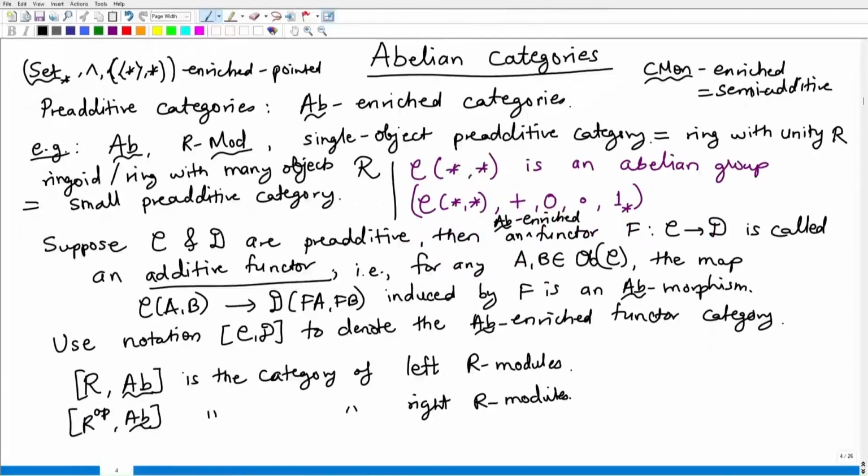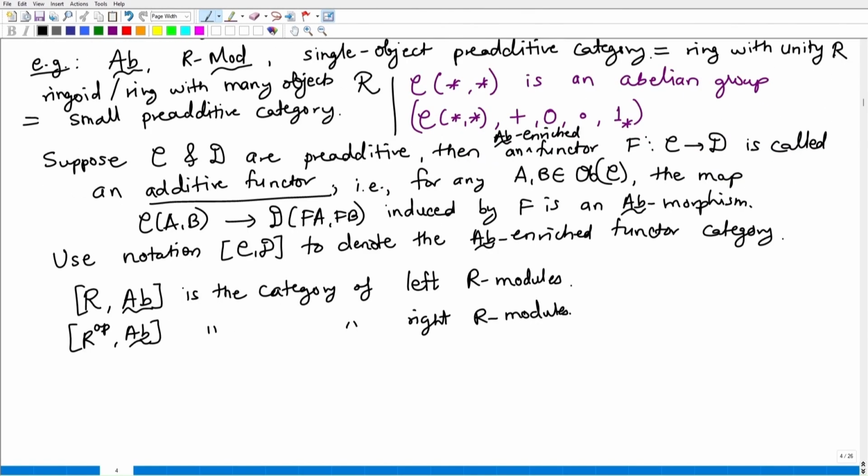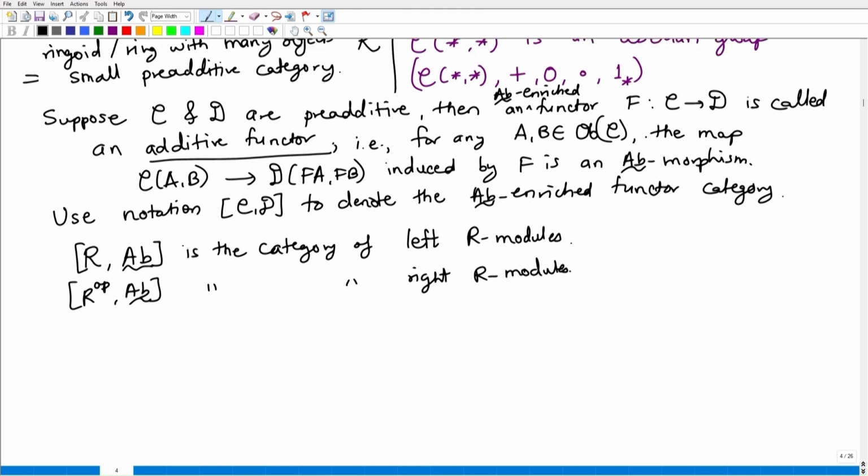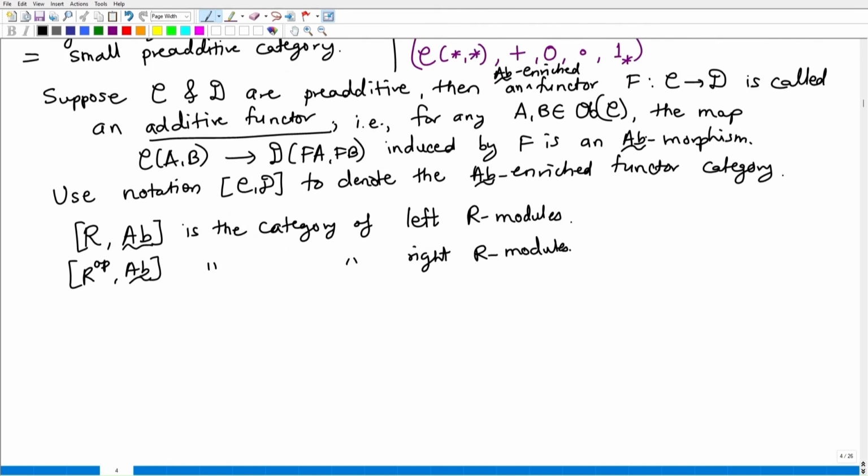The category R is the single object pre-additive category. I have written it here. A single object pre-additive category is a ring with unity, and you can similarly talk about the ringoid. So left and right modules, you already know, these categories are just functor categories.